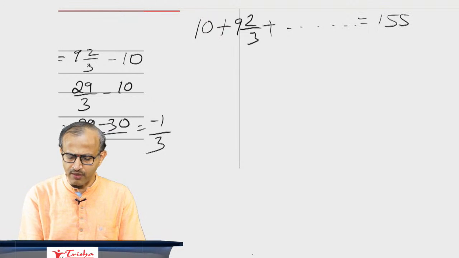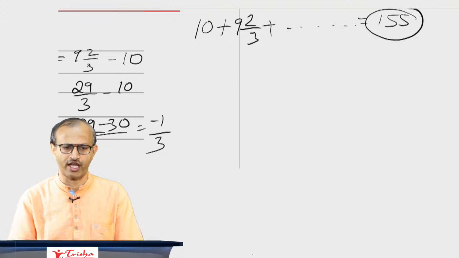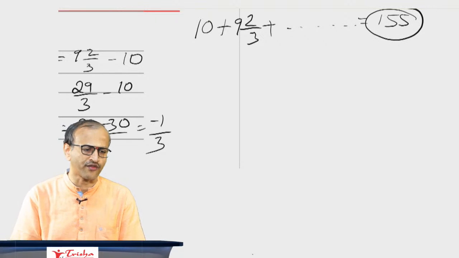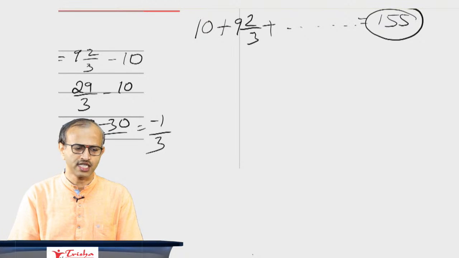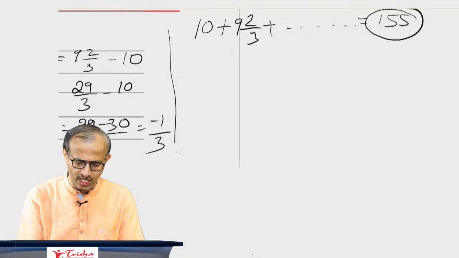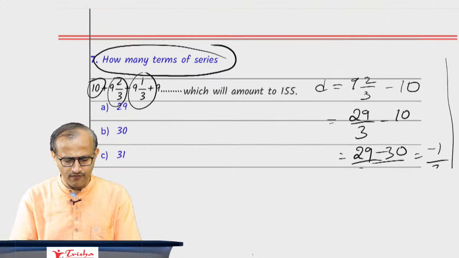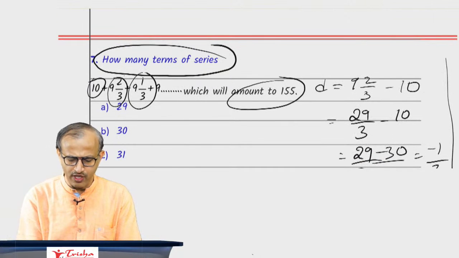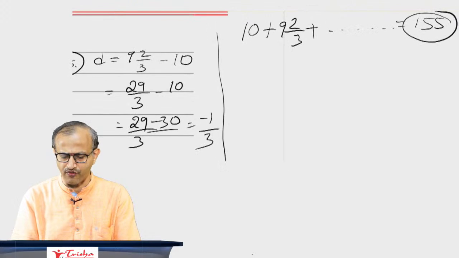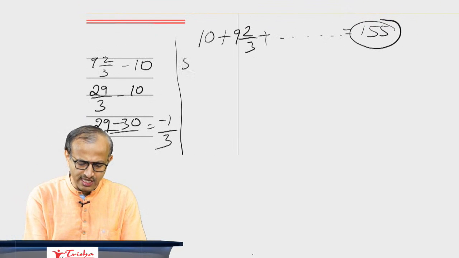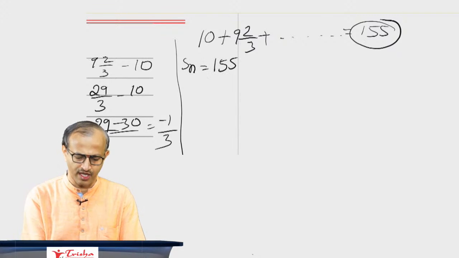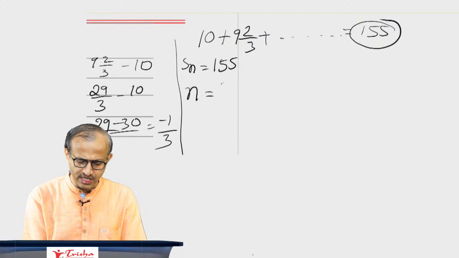Can you tell me what is this 155? Is it the term or the sum? It is the sum, because it is the total. That means Sn is equal to 155. They asked how many terms, that we don't know.